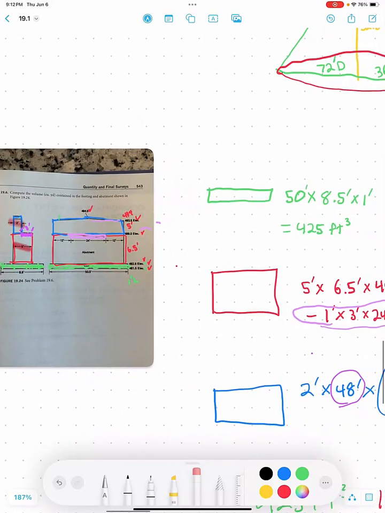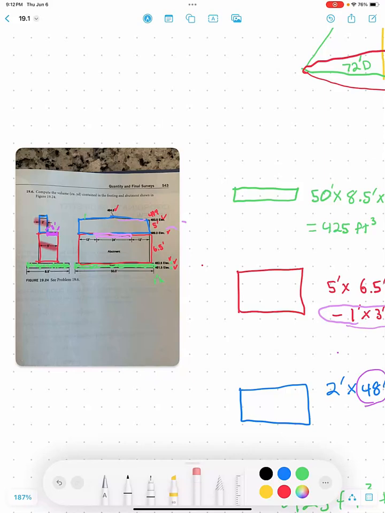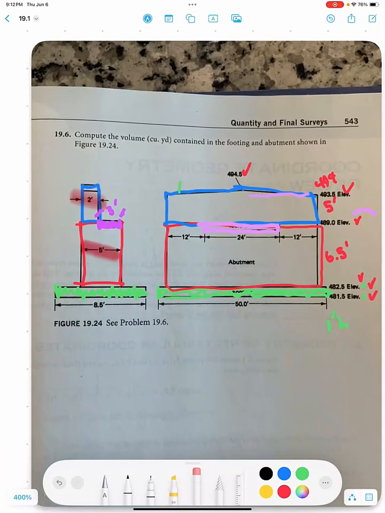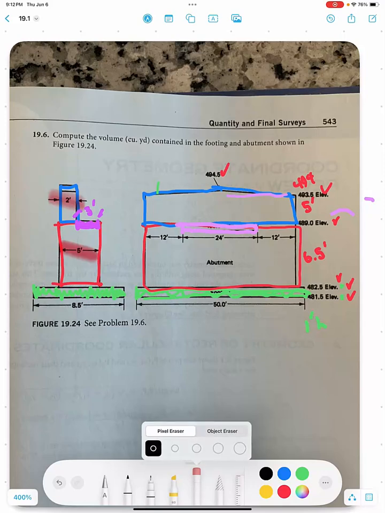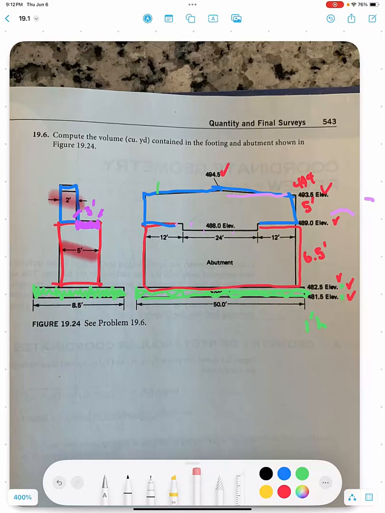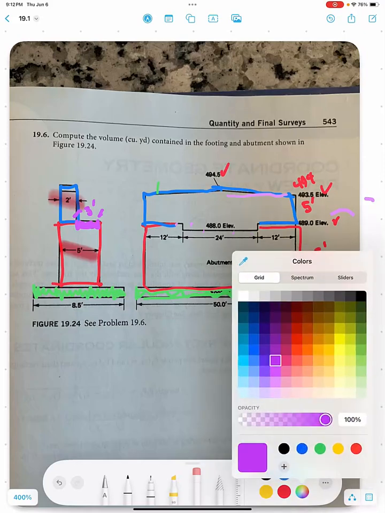Same thing with the red box and the blue box. And then the only thing that gets a little tricky is we subtract out that pink section. Even though you can't see it there because I've got that all drawn in, we have a section of that that is recessed, so we have to subtract out that little bit of volume.